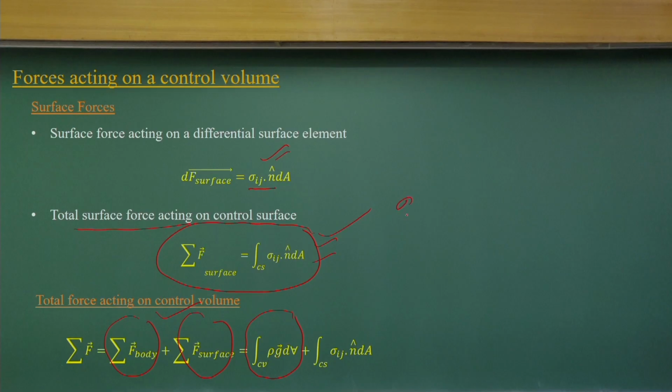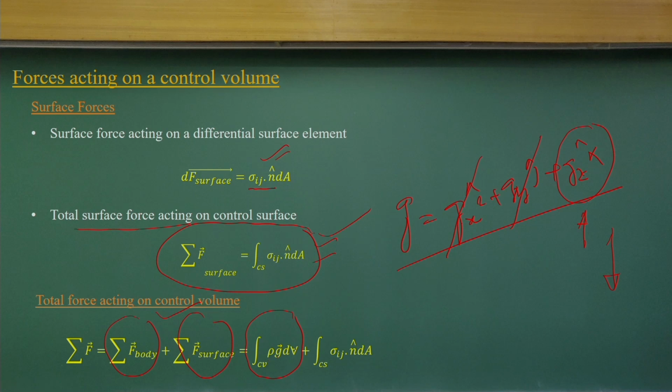That means g can be gx i, gy j, gz k. Many times we align it such that only the k direction is negative, with k upward, so g becomes a scalar quantity acting downwards.